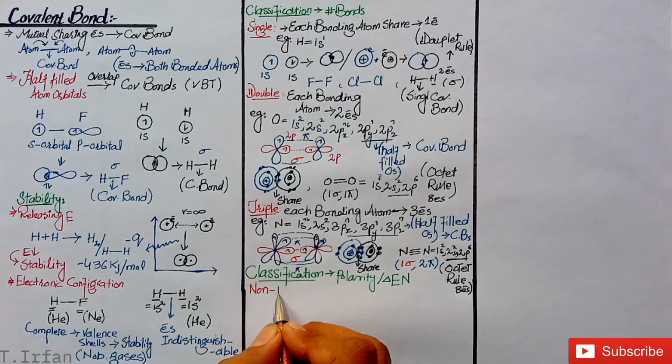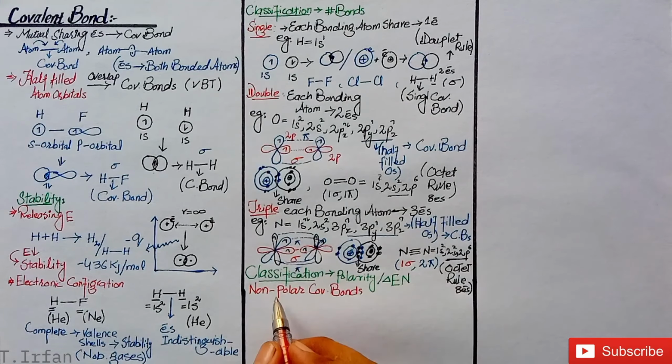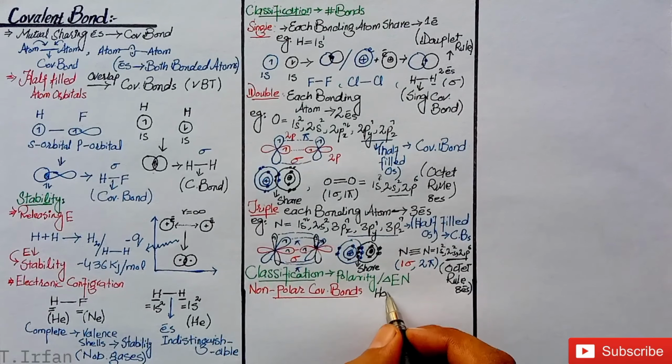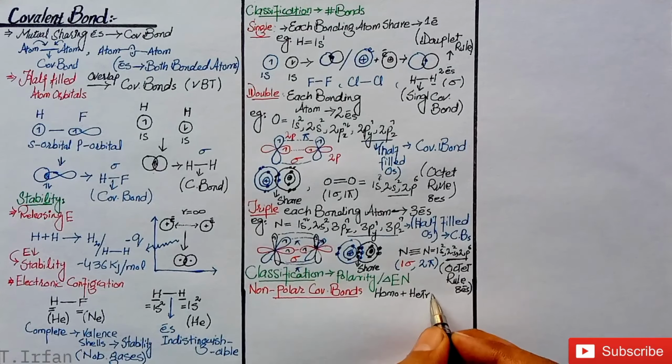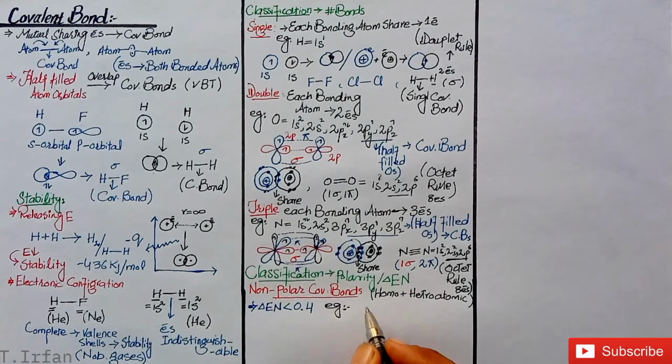Non-polar covalent bonds can be in homoatomic molecules as well as heteroatomic molecules, which are considered non-polar molecules. This is considered when the electronegativity difference is less than 0.4. The bonds are non-polar covalent bonds.